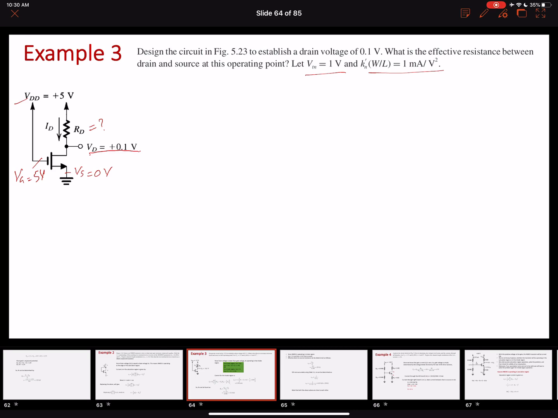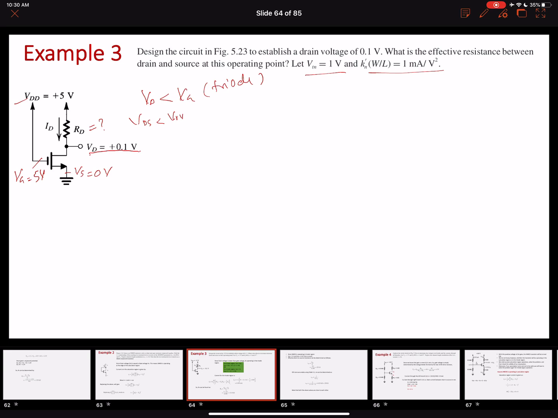Now, if we look closely, our drain voltage is less than the gate voltage. This means that the transistor is operating in the triode region, or our drain to source voltage is less than the overdrive voltage. Overdrive voltage is VGS minus VT.